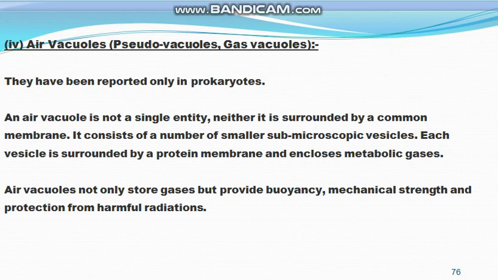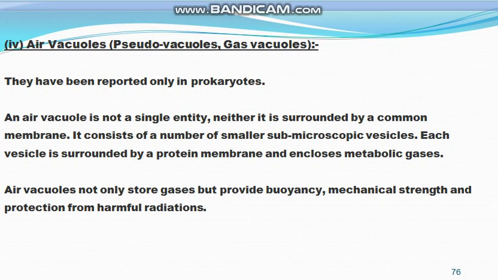An air vacuole stores gases, and it also provides buoyancy, mechanical strength and protection from harmful radiation. So what is the role of the air vacuole or the gas vacuole or the pseudo vacuole? Pseudo means false. So these are the names of the same type of vacuole, that is the air vacuole.